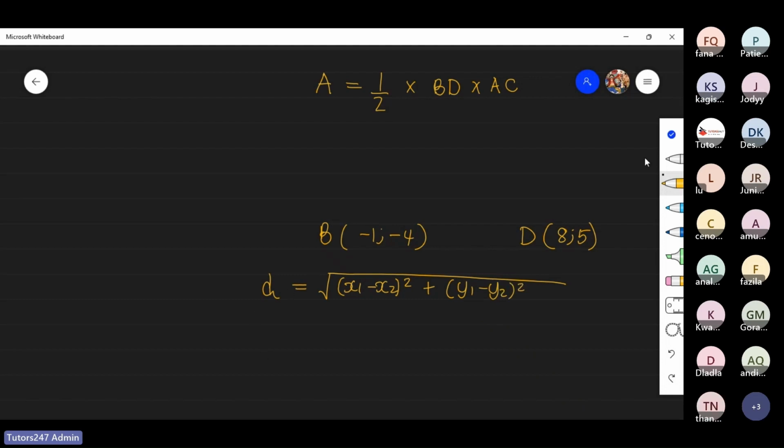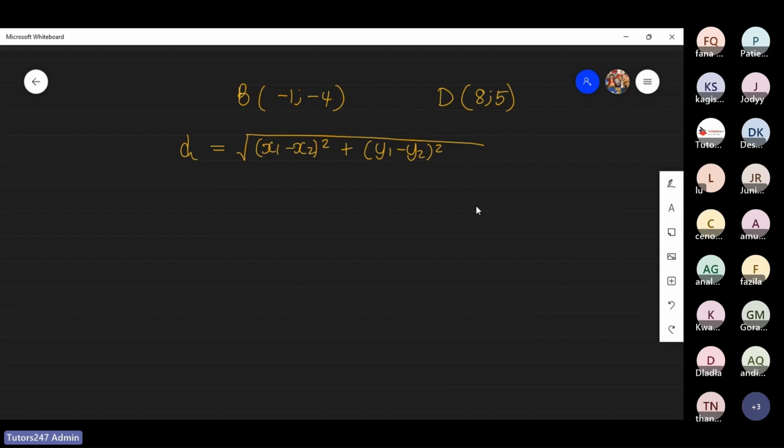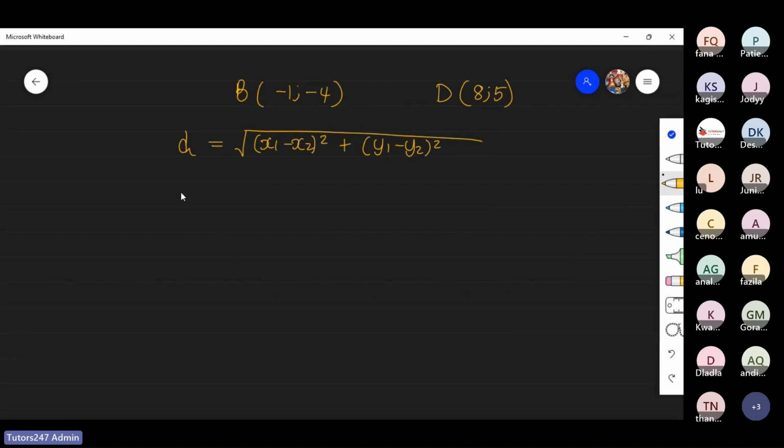In place of d, we can substitute BD because we are calculating the length BD. So we put in B as x1, y1 and D as x2, y2. This now becomes x1 as -1 minus x2 as 8, squared, plus our y1 value, which is -4, minus our y2 value of 5.